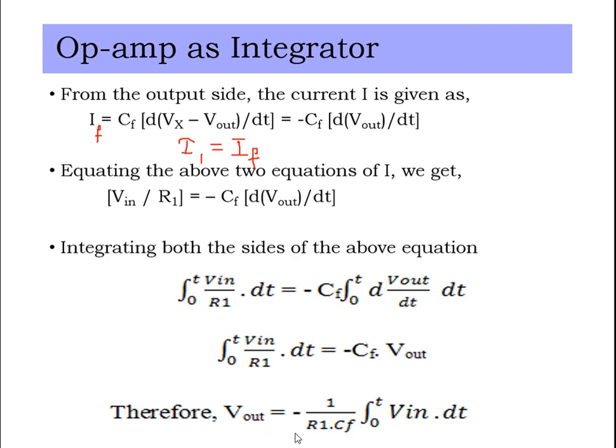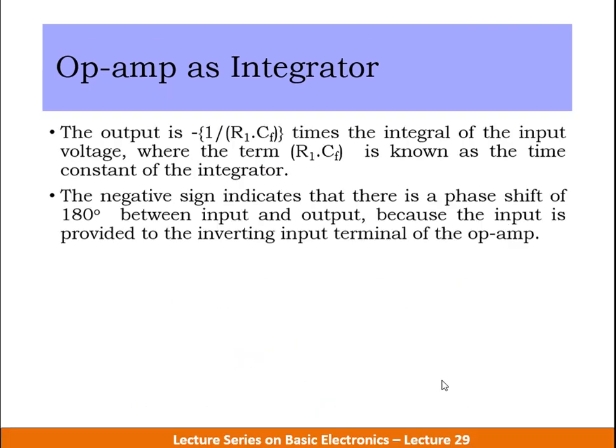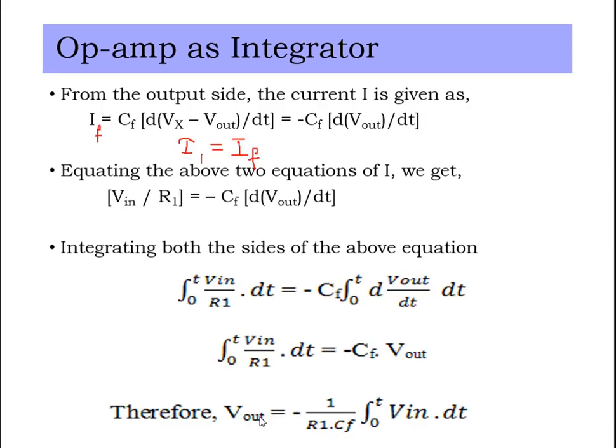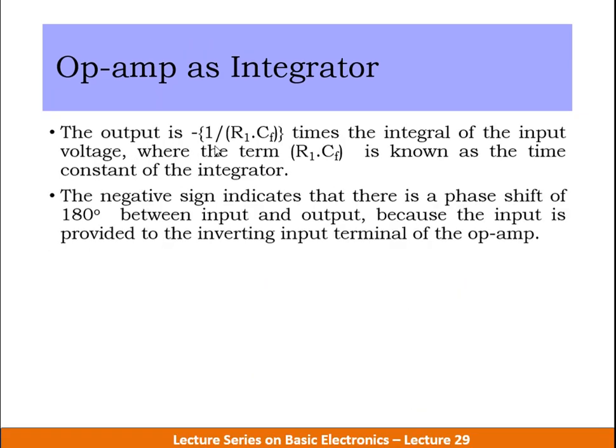Therefore Vout is equal to minus 1 divided by R1 into Cf times the integration from 0 to t of Vin into dt. This is the output equation of the integrator. Here the output is minus 1 divided by R1 Cf times the integral of the input voltage.